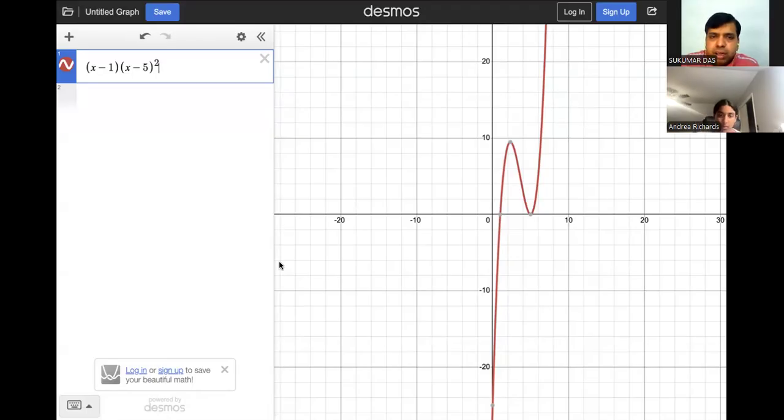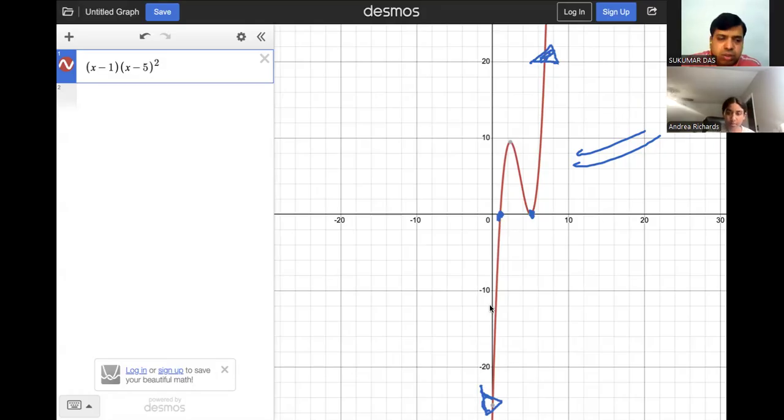What we did: this point is 1, this point is 5. It has crossed at this point, and at this point it has bounced off, and this is our end behavior. It will go like this. Our scaling is different, but we are obviously very close to the pattern of what we can expect. Is it okay? Good.